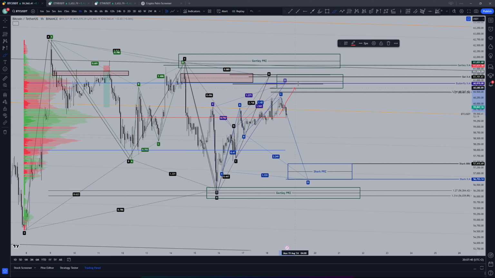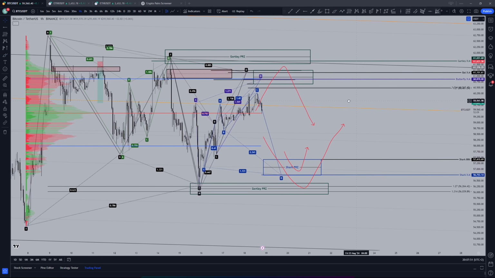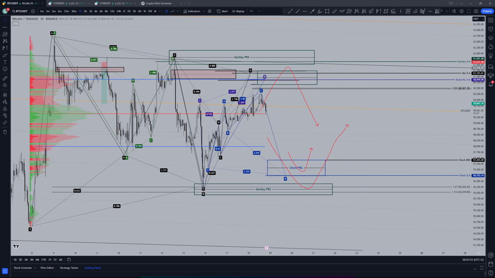So I think we either tap this area and drop, or we tap this area and increase. Here, like this as well. For a shorter time frame, I think these two are going to be my main levels.